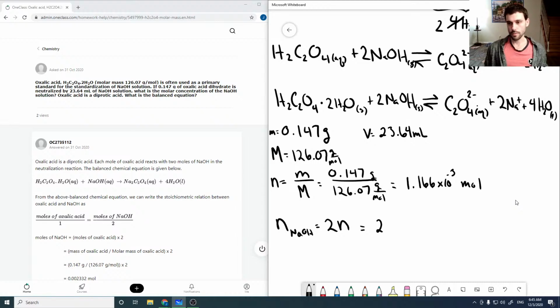So that would be 2 times 1.166, which is 2.332 times 10 to the minus 3 moles. So our volume that we've added is the 23.64, and it wants to know what the concentration is, and so that's just the number of moles over the volume.